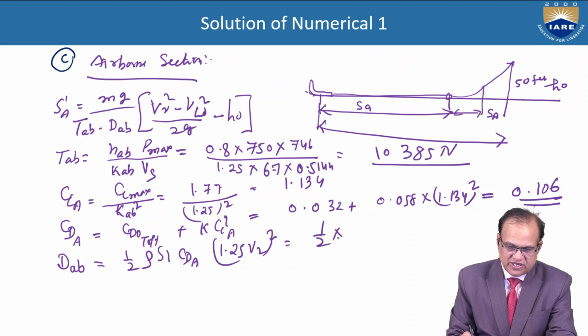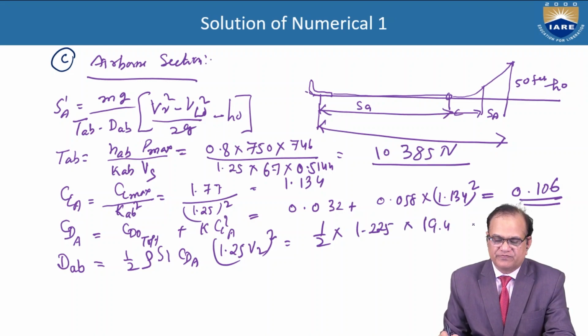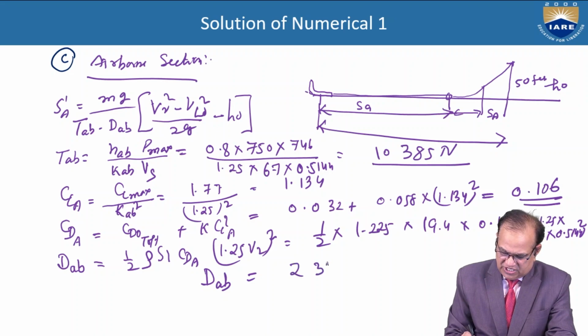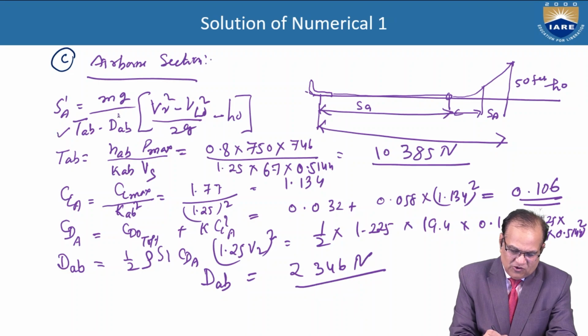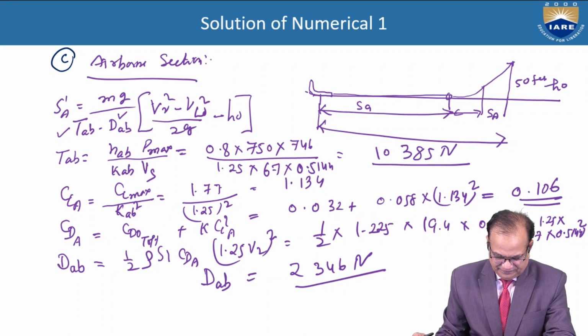So half into 1.225 into 19.4 into 0.106 into 1.25 into 67 into 0.5144 square. So this DAB we will get here 2346 Newton. So in this equation we have now got this. So now we have to find out SA.